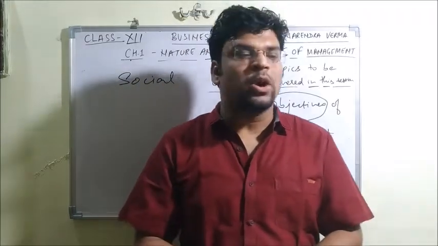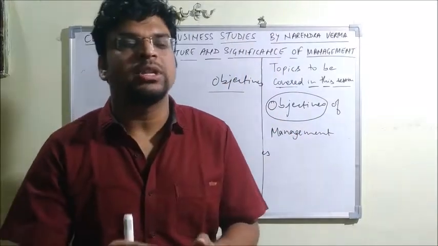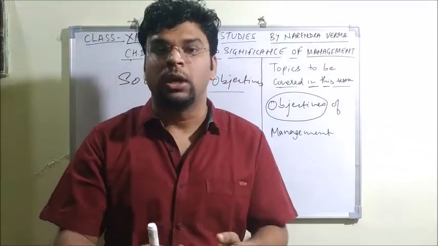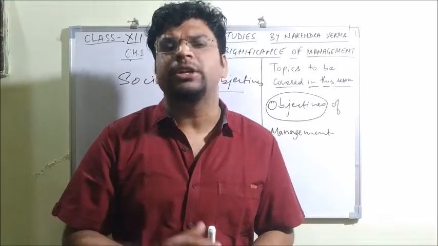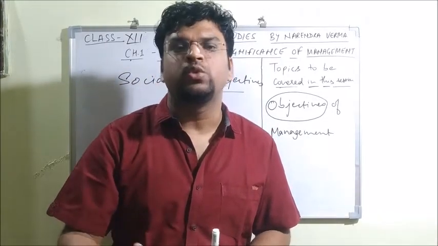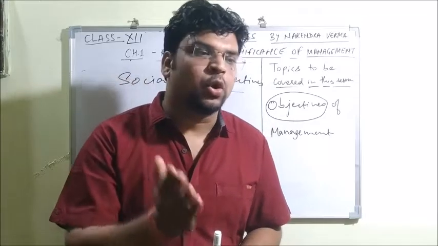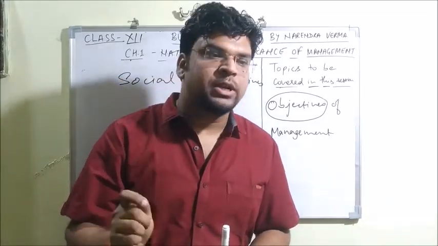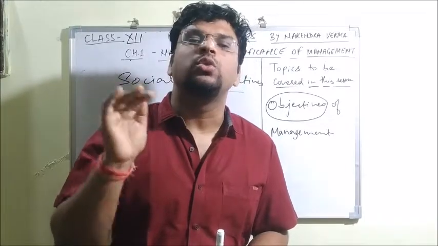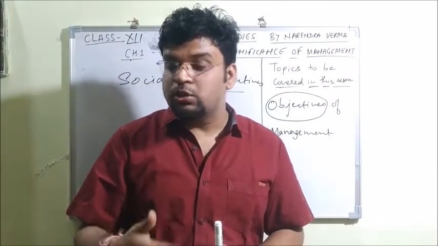So in that case, what happens? Business needs society so that its business should go on. Similarly, there is a kind of obligation from the business side towards society, that it must follow some kind of objectives, right? So management keeps focus on those objectives as well. So what are the social objectives?